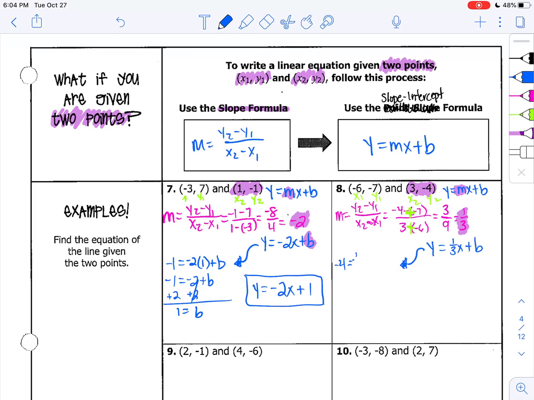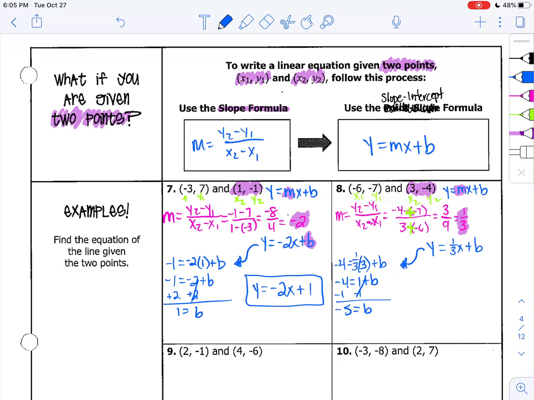Equals 1/3 times 3 because that is the x value in the point I chose, plus b. -4 equals 1 plus b because 1/3 times 3 is 1. We're going to subtract 1 from both sides. -4 minus 1 is -5 equals b.